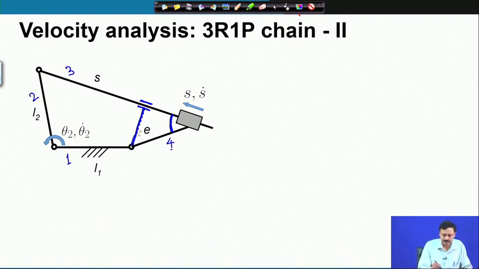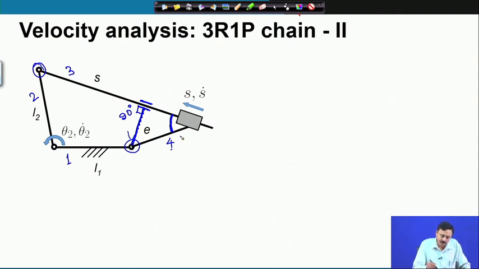So, this is E, the offset. So, offset is measured perpendicular to the direction of sliding. So, this angle is 90 degree. So, E is measured perpendicular to the direction of sliding between the two revolute pairs at the end of the links containing the prismatic pair.